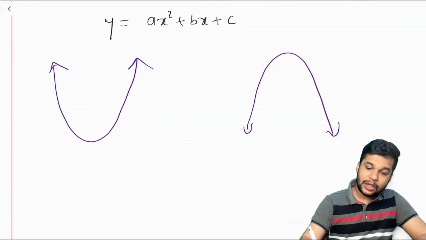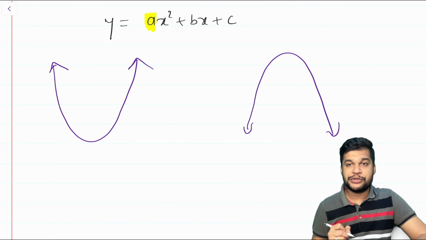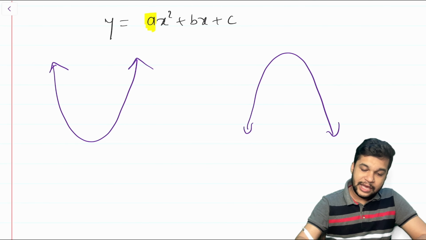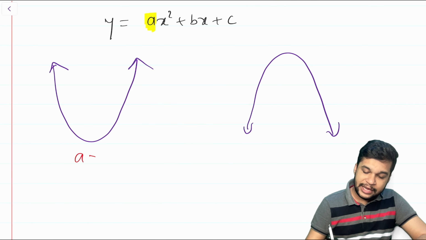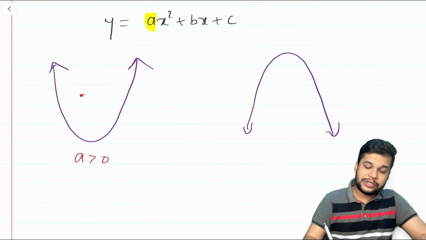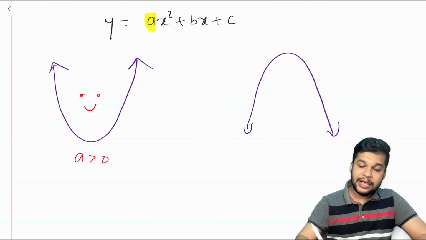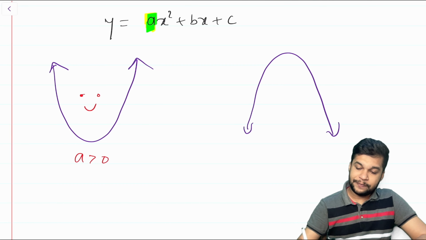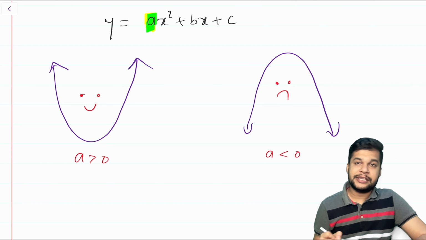It depends on the coefficient of x square. If the coefficient of x square is positive, if a is positive, the graph looks like this, which is a smiling face. And if the coefficient of x square is negative, the graph looks like this, which is a sad face.